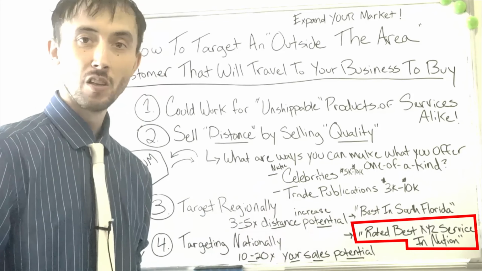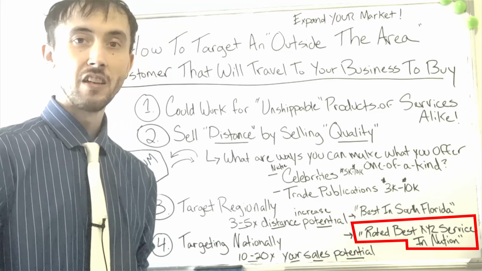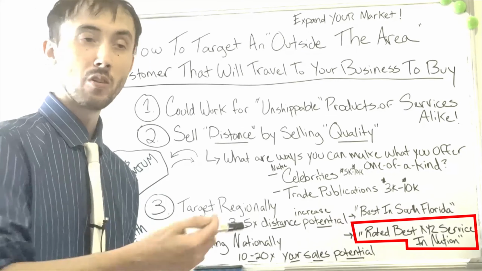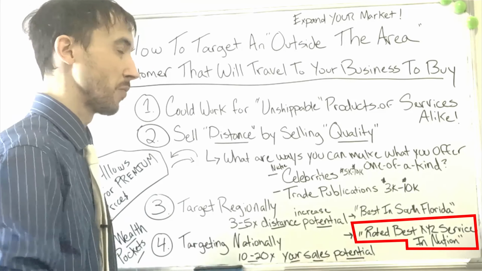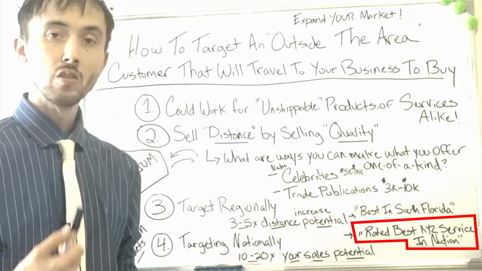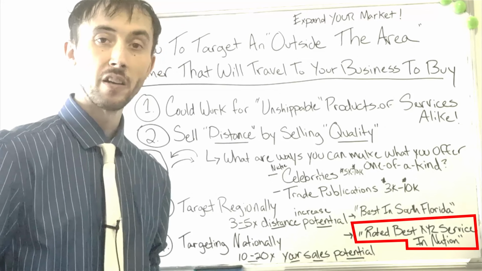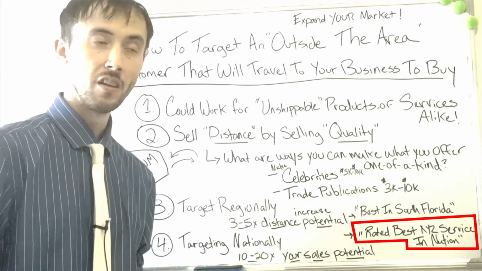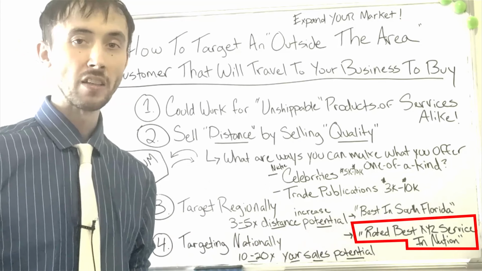You say best in the South Florida area, in the Seattle area, and if you're doing it regionally, you get a regional celebrity if you can, and so on and so forth. You kind of get the idea. Be as relevant as you can to who you're marketing to. And with that, you're going to get what you want ultimately out of this whole process.